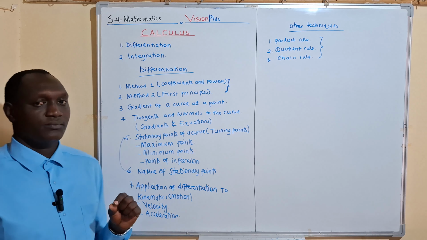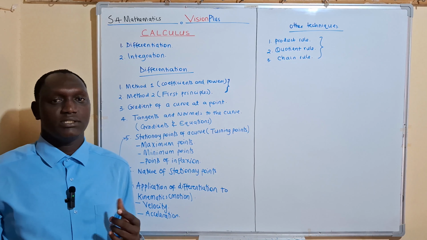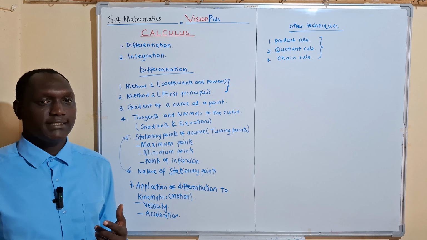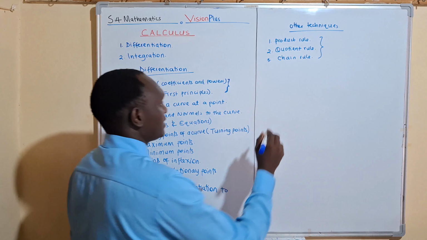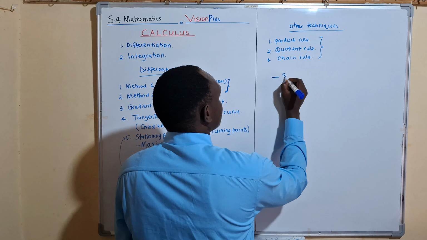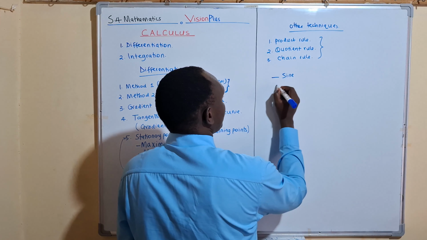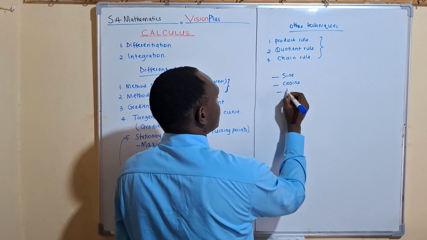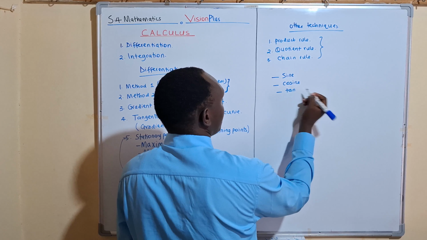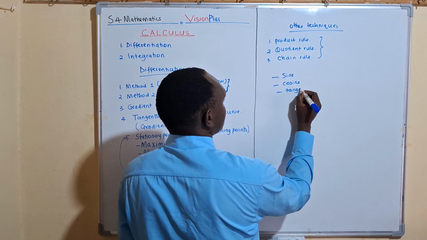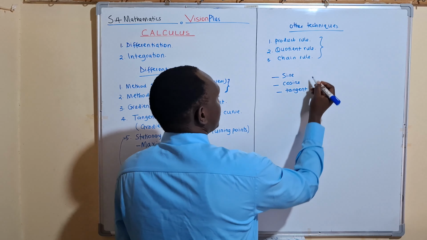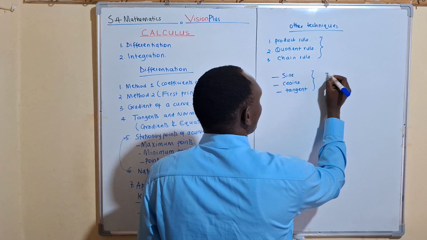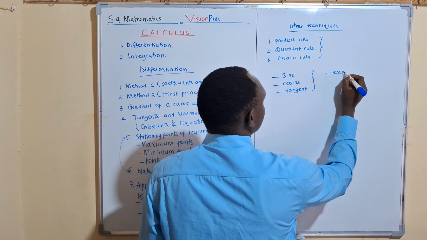Also here, we shall be looking at simple functions and simple curves. We shall not look at curves like sine curves. We shall not look at cosine curves or even tan curves, tangent. And also, we shall not look at exponential curves.